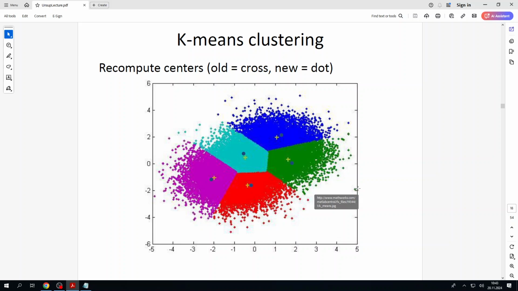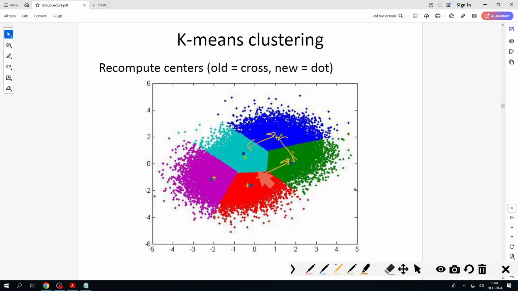So it is a good idea to choose these centroid points as far away from each other as possible. We do want to have them spread around your data points. Now we can either choose them randomly or try to optimize distance-wise how far apart they are. We also don't want to choose them too far from the edge of the total data, so somehow we have to choose these clusters.